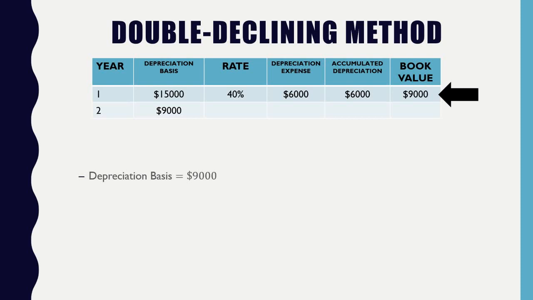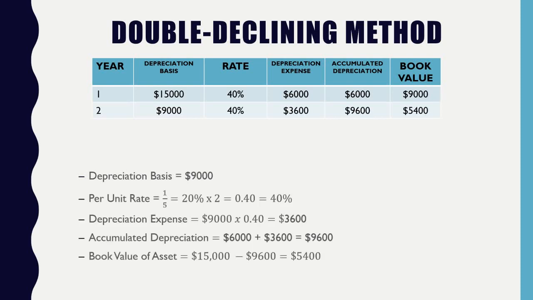Here again, the rate is 1 over 5 times 2, which gives you another 40%. Then you figure out what 40% of $9,000 is, which when we calculate it gives us a total of 3,600.